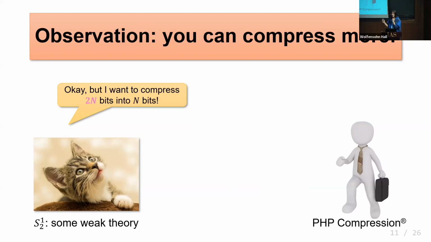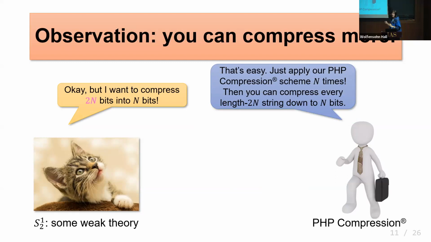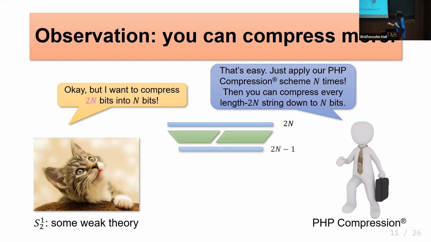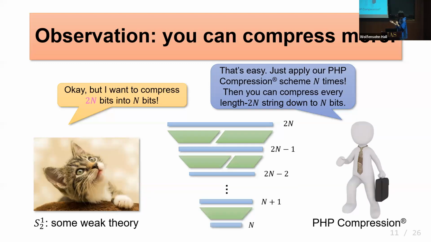Let's say, what if we want to compress 2n bits into n bits? It's easy. You can just compress the strings 1 bit by 1 bit. Suppose you have a 2n bit string: you compress the first n+1 bits while you just keep the last n-1 bits unchanged. Then you get a 2n-1 bit string. You compress the first n+1 bits again while keeping the other bits unchanged. You get a 2n-2 bit string, and so on, until you get an n+1 bit string, and then you compress it.